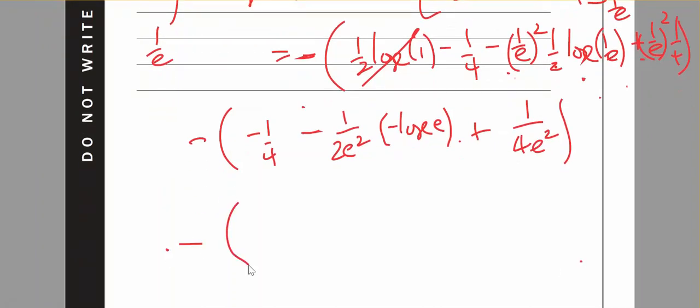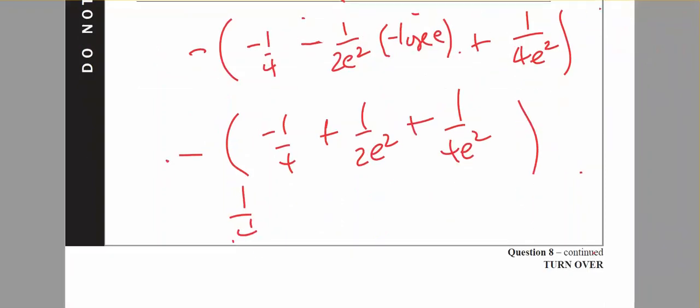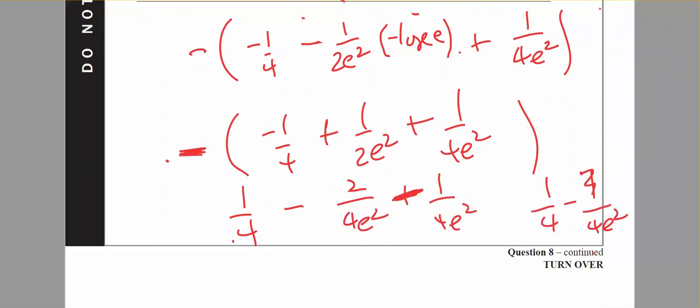That equals negative 1 on a quarter, that's negative 1, so plus 1 on 2e squared plus 1 on 4e squared. So I get 1 quarter minus 2 on 4e squared, negative, so that's minus 3.